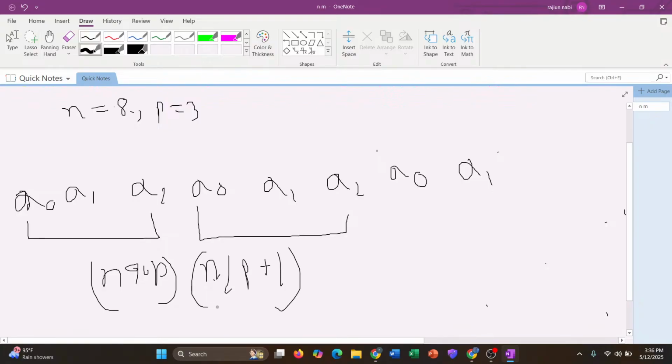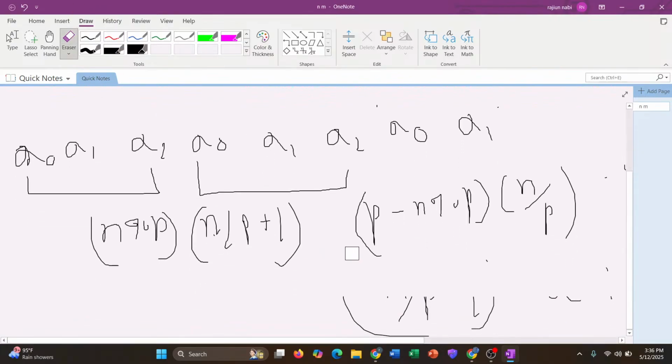And the rest of the remaining elements, p minus n percentage of p, these many elements will occur n divided by p times.